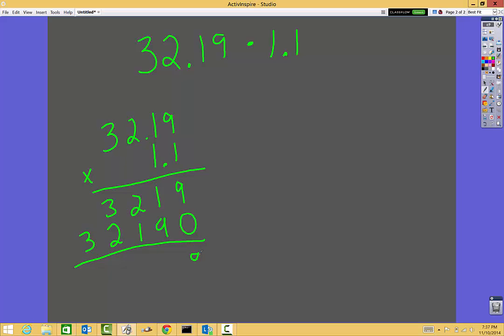And I add 9. 1 plus 9 is 10. Carry that 1. 1 plus 2 is 3. Plus 1 is 4. 3 plus 2, that is 5. And 3.